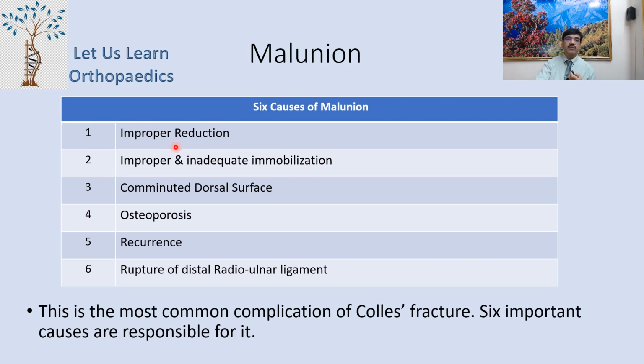Again, malunion is the most common complication of the Colles fracture, and there are 6 important causes for the malunion, and it includes improper reduction, inadequate immobilization, comminuted dorsal surface, osteoporosis, recurrence, rupture of distal radioulnar ligament.